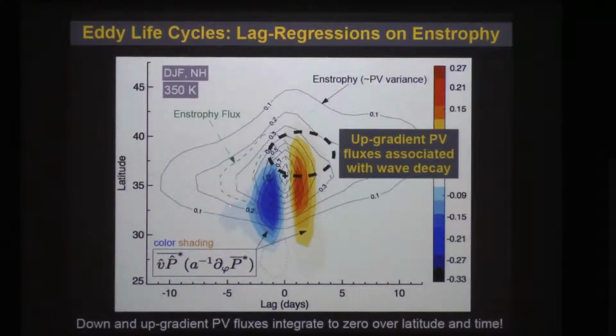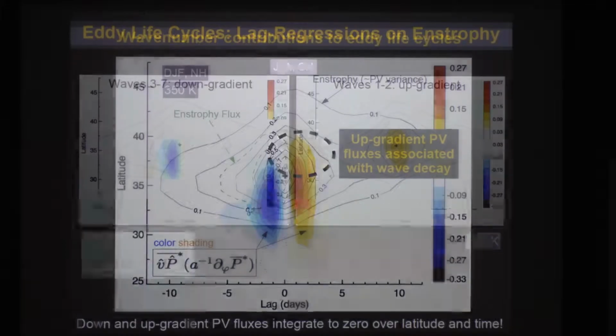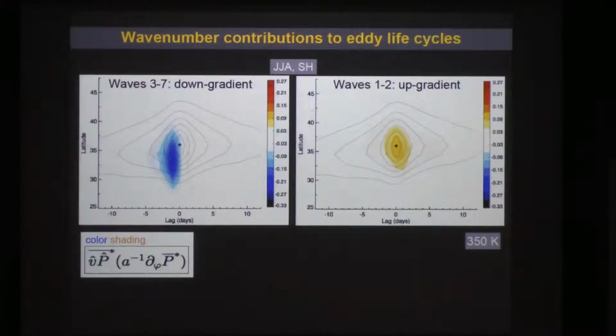So if I look at that, okay, that seems to explain that after the life cycle I have this up gradient flux remaining. How does this fit into the interactions across the wave spectrum that I've discussed before? So if we break up the PV flux contribution into the wave numbers again, the left has waves 3 to 7, and the right has waves 1 and 2.